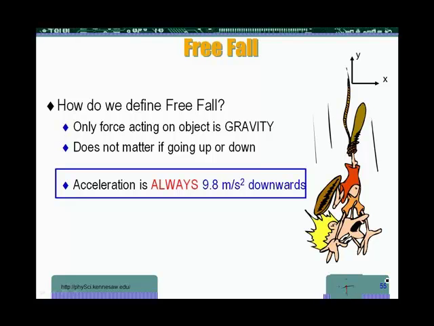When it is in my hand, there are other forces acting on it. The minute it is off my hand, and just before my friend touches it, it is in free fall.